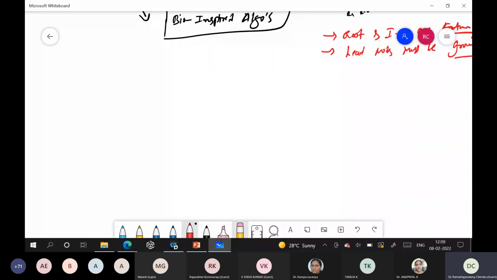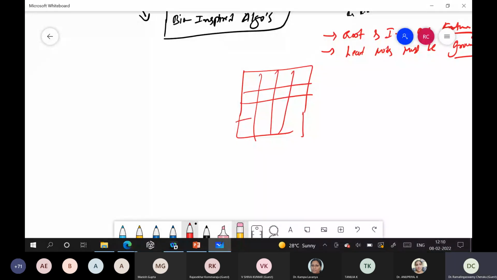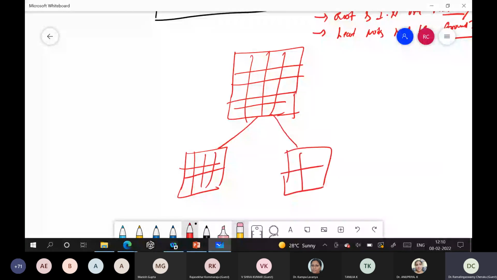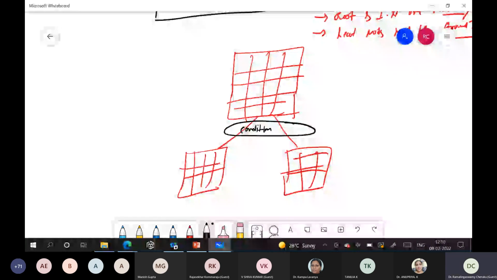Suppose the overall idea is, first you take the whole data set. What we are trying to do is partition my data set with respect to certain conditions, by keeping some condition on a feature.